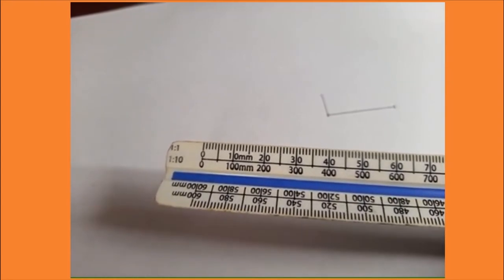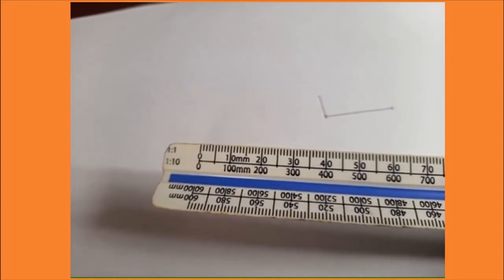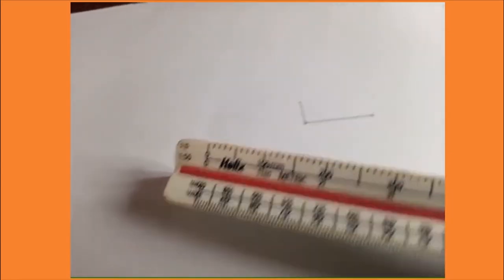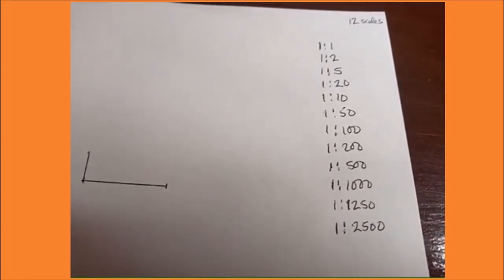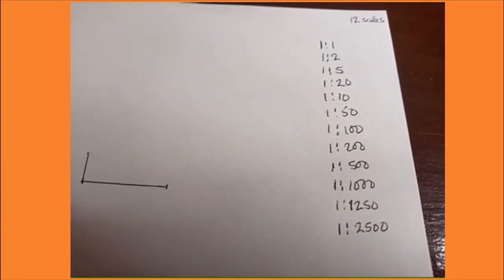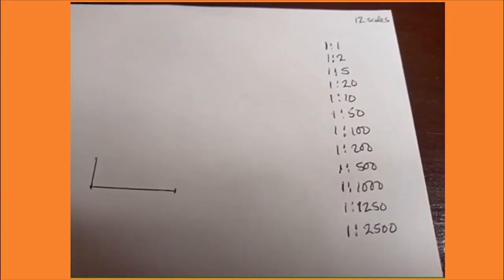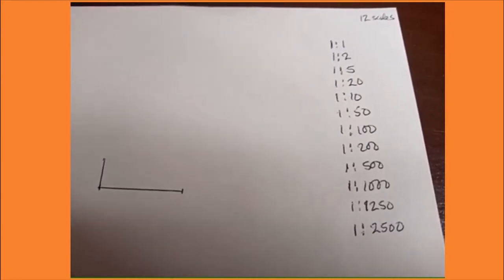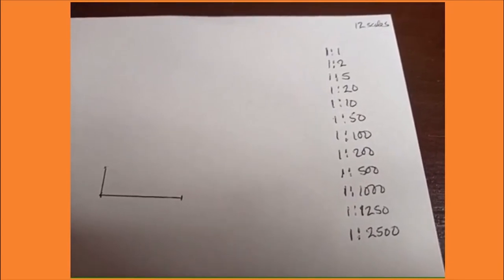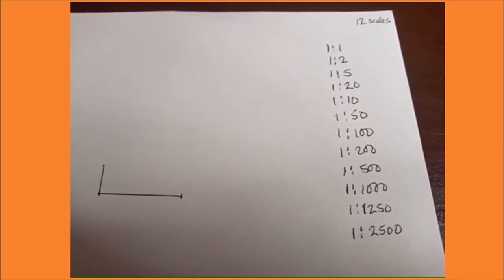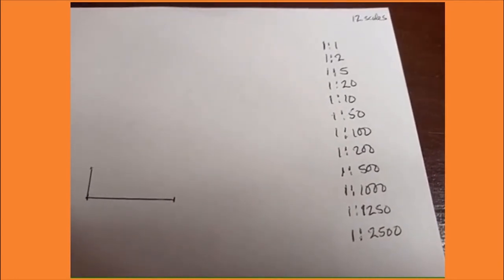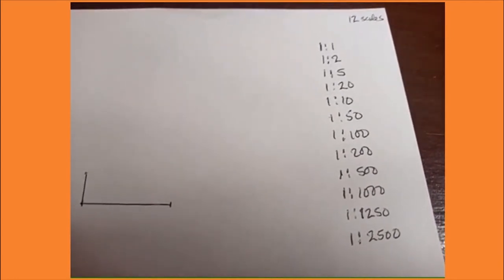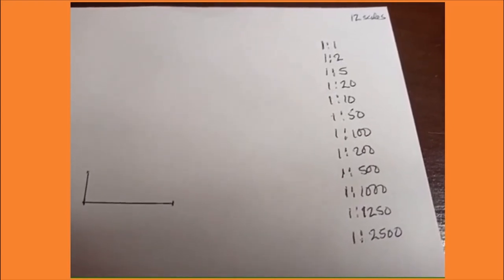So the scale is graduated into millimeters and meters, and we have all these scales from 1:1, 1:2, 1:5, and so on. This is called a builder scale, since it measures up to 1:2,500, which is almost a map scale.